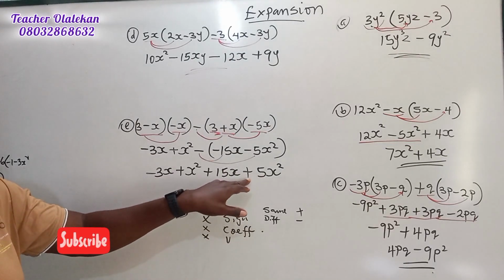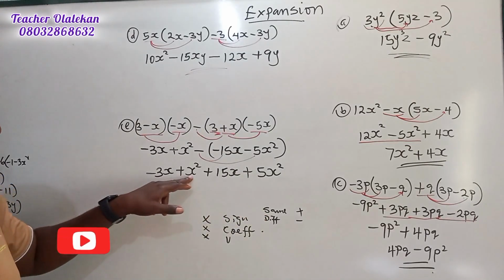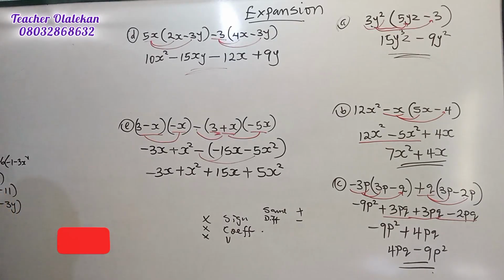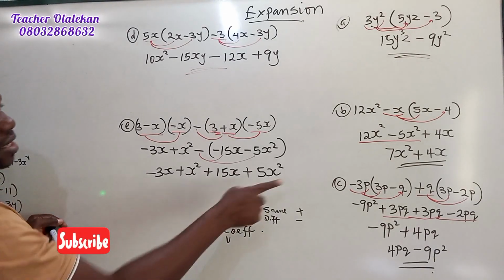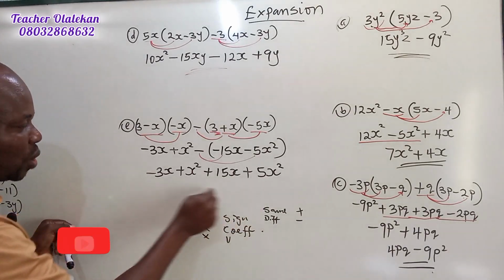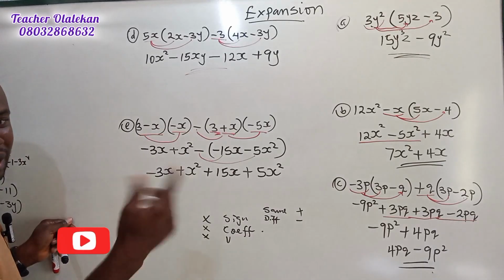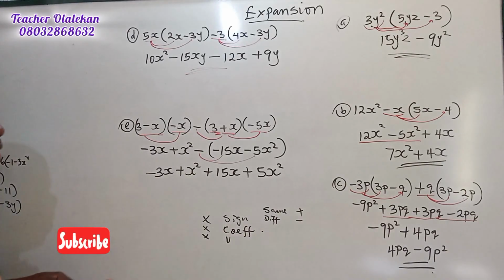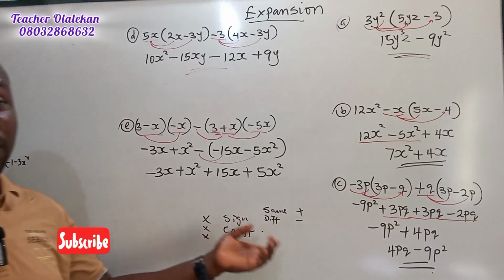And this positive 5x is significant when we are collecting the like terms with this x squared. You see that now? So if you had made it negative, you know you'd be having negative 4x. But now that it is positive, you know it will be 6x. You get it now? So it's very important you take cognizance of your sign, especially when opening brackets.